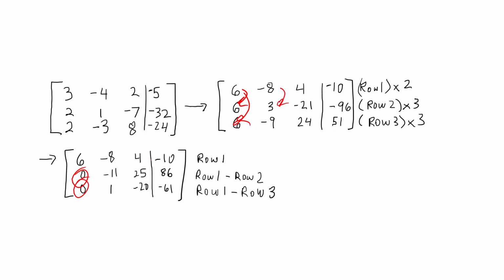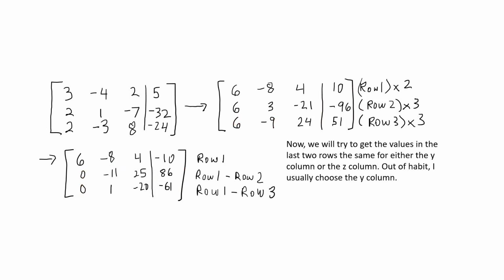Negative 8 minus 3 is equal to negative 11, and negative 8 minus negative 9 is equal to 1. And 4 minus negative 21 is 25, and 4 minus 24 is negative 20. Negative 10 minus negative 96 is positive 86, and negative 10 minus 51 is negative 61. Okay?